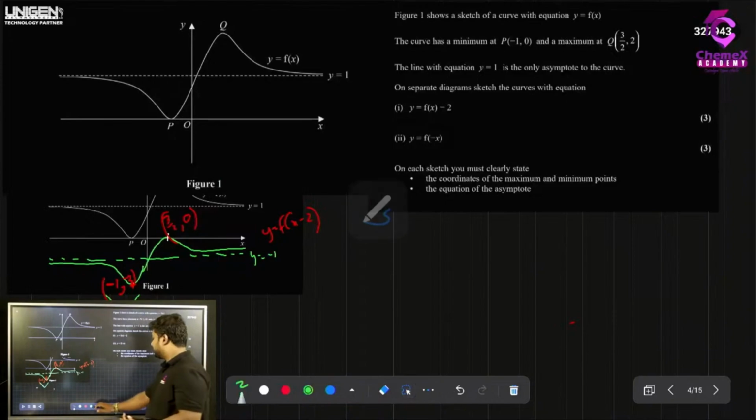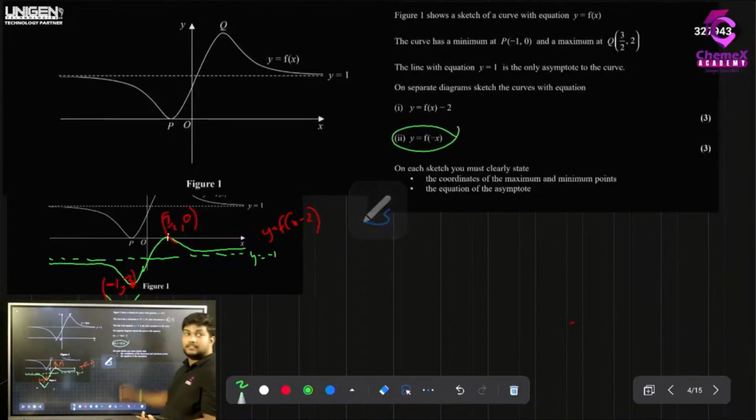So next is y equals f(-x). That means all the x values are supposed to be multiplied by the number inside of it, right? So how do you do it? You divide by -1. What do you get when you divide by -1?